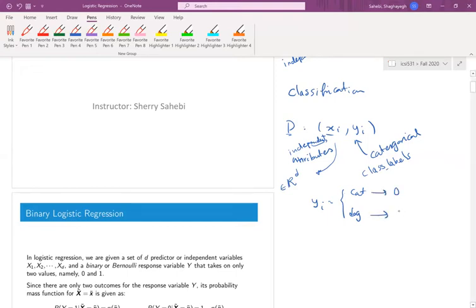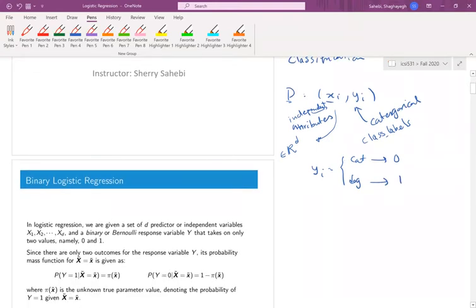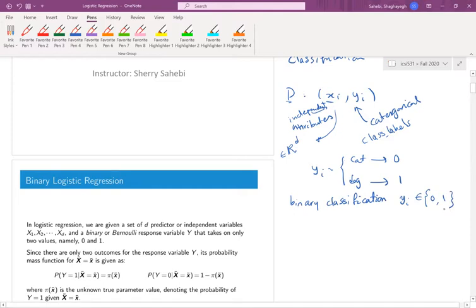If it is a dog, we say yi is 1. So in case of binary classification, what we have is a numeric encoding for yi, and yi is basically going to be either 0 or 1. And we know ourselves what is class 0 and what is class 1.